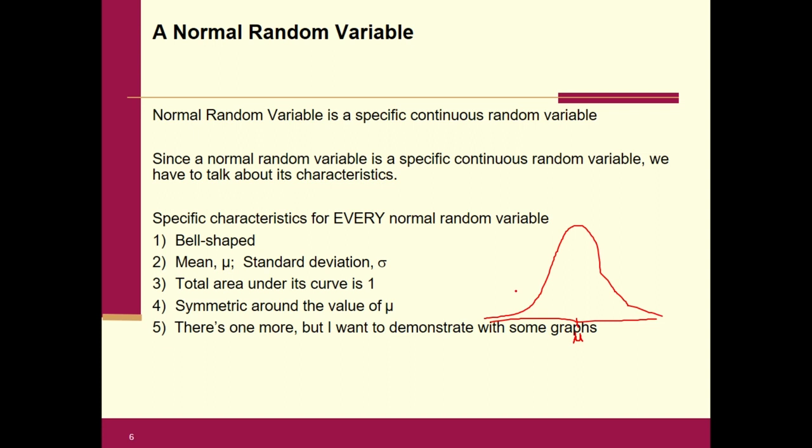Once you see that wording, you just say, oh, okay, that means if we made a histogram for all the male heights, it's going to be bell-shaped. We're going to throw the mean right in the middle. Its standard deviation is going to be measured with sigma. The total area under its curve is 1, and that's the case for every continuous random variable, by the way. And then obviously it's going to be symmetrical about mu, and then we're going to talk about one more, but I have to demonstrate it with graphs, and so you should kind of think that. Okay. All right. Let's move on.